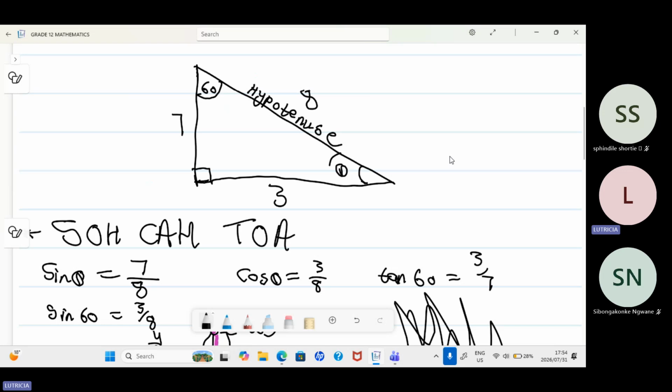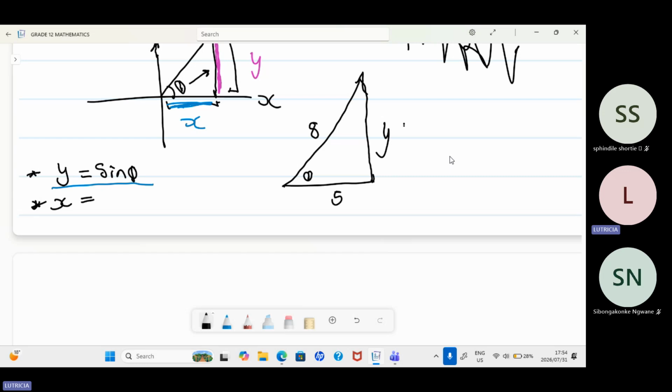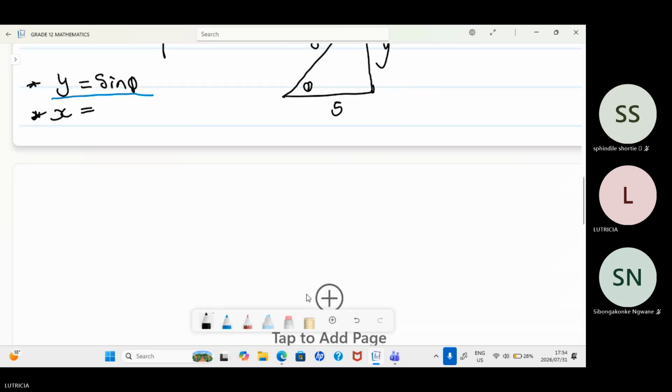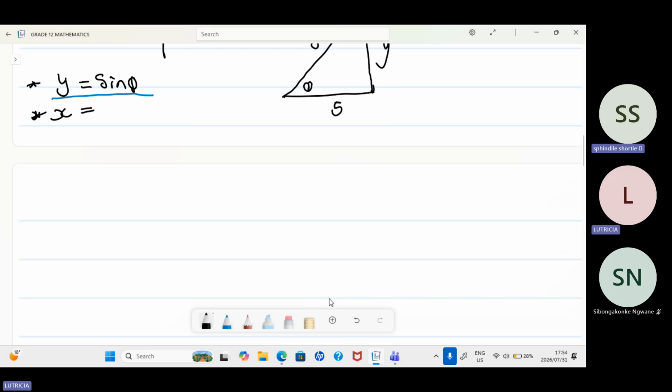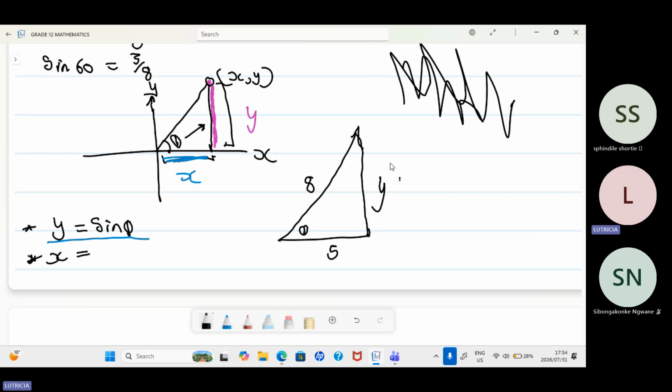Let me scroll back for you to look. I was going to say, but how are we going to calculate it without the value of theta? Because actually there must be one unknown for you to get the answer.